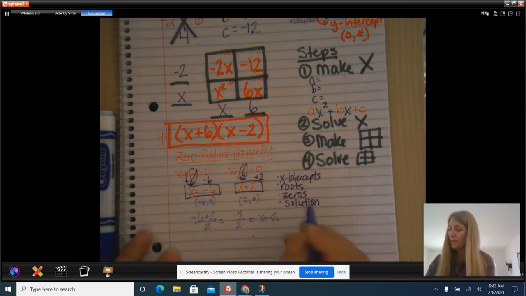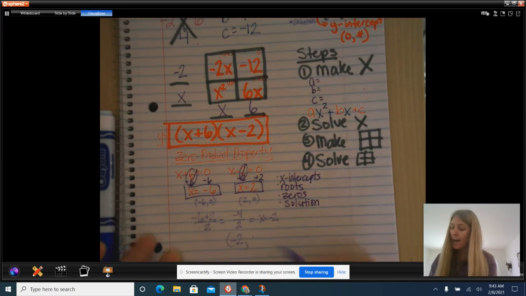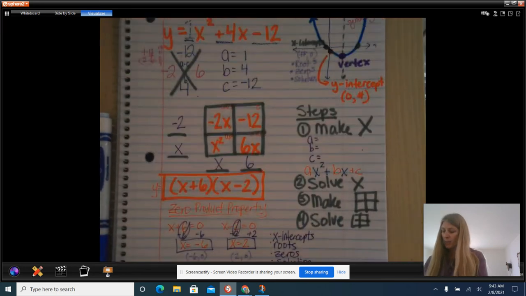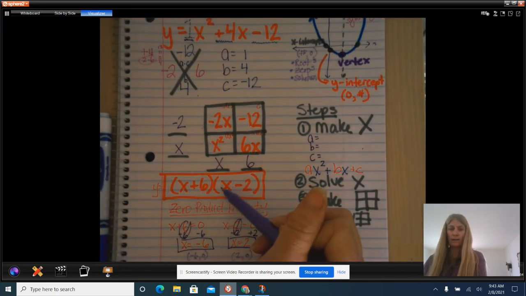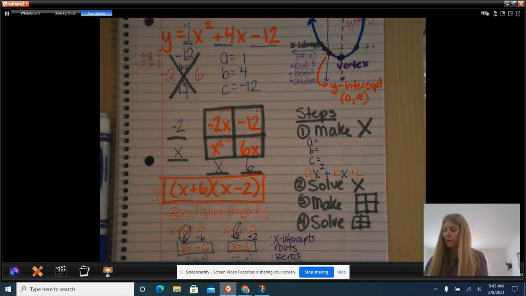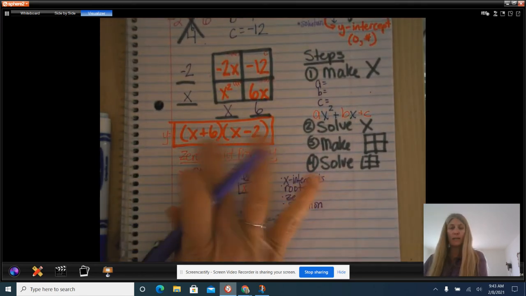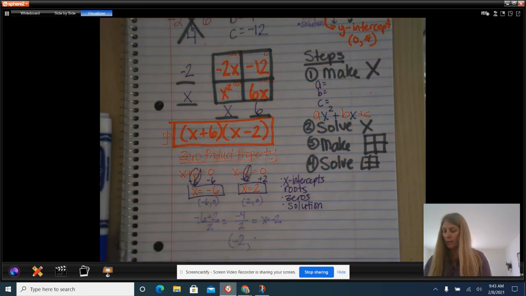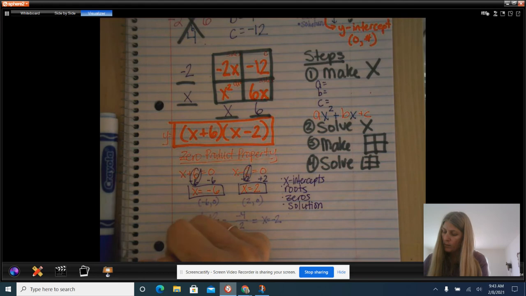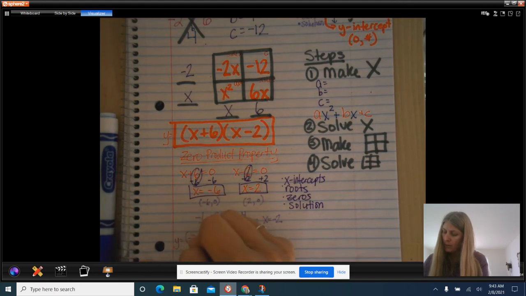Now I know that the x is negative 2 for my vertex, but I need to find the y. So I can do two different things. I can plug in x here and here to solve for y, or I can go back to my original equation, and I'm going to get the same answer. I prefer to plug it into this because the math's a little bit easier. So here I have y is equal to negative 2 plus 6 times negative 2 minus 2.